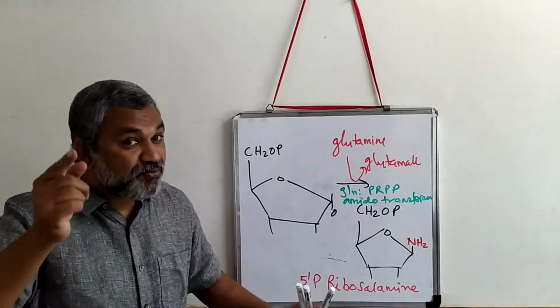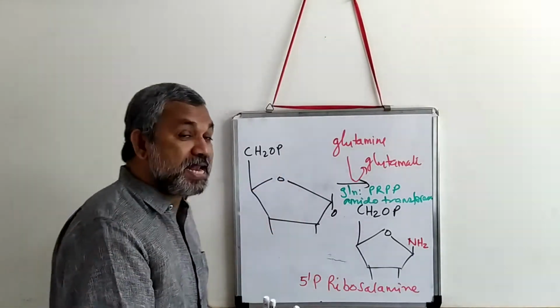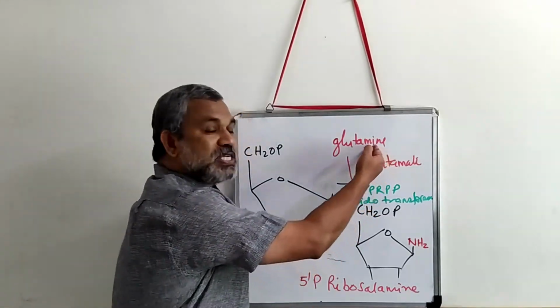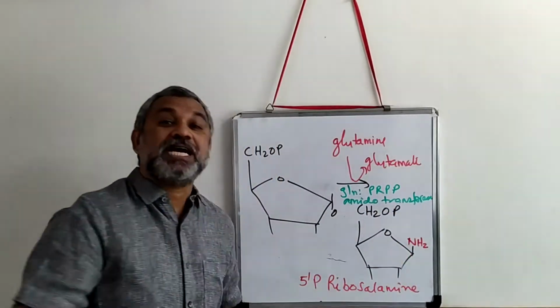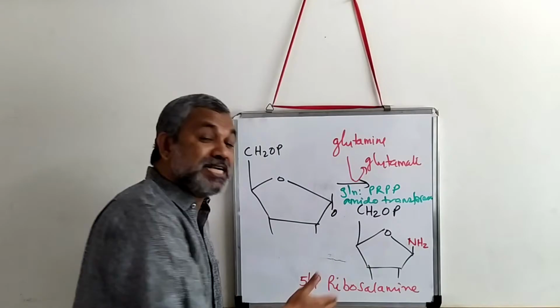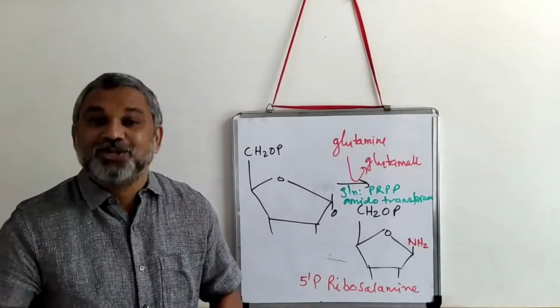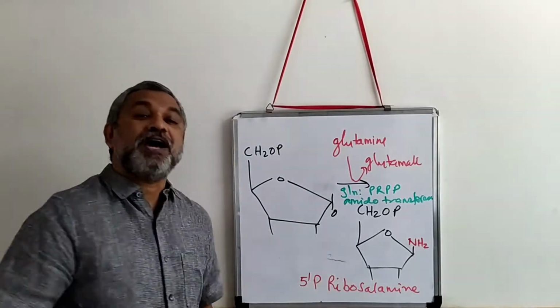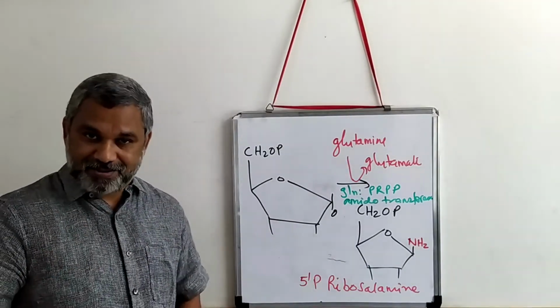Now, transferase, please also understand, it is a kind of transamination reaction. An amino group is transferred from here, but this time it is not transferred to a keto acid, but to a sugar. So we have the first product which is formed, that is 5-phosphoribosylamine.